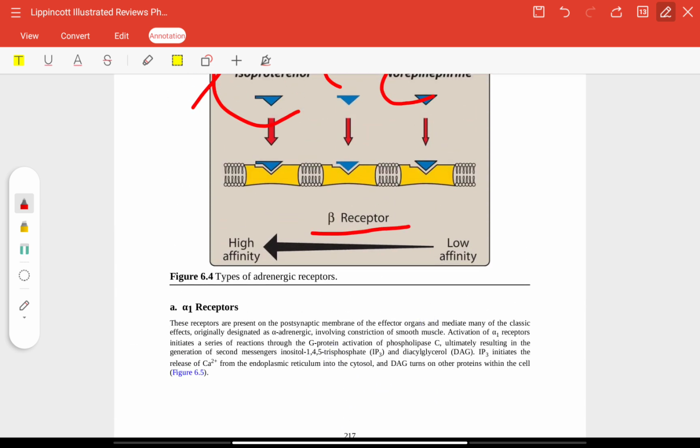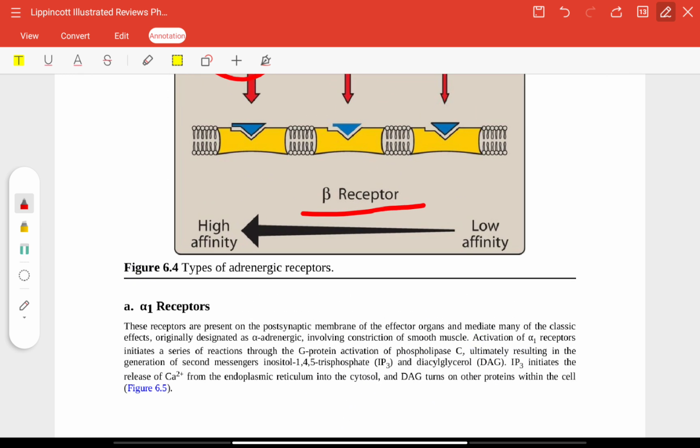Now we will see here the alpha 1 receptor, the subtype. These are postsynaptic. Okay, they will mediate classic effects such as constriction of smooth muscle.